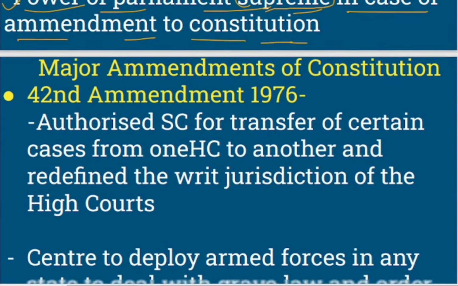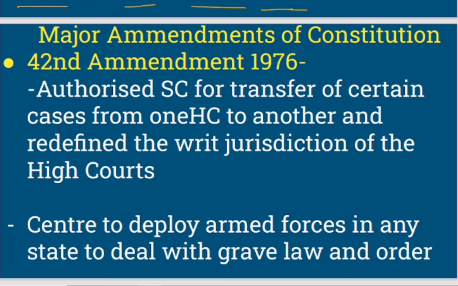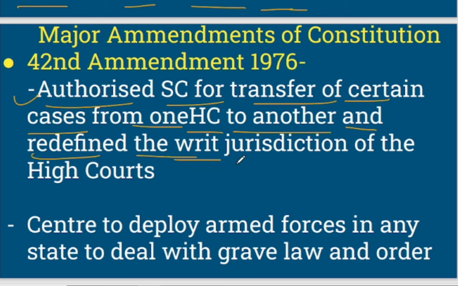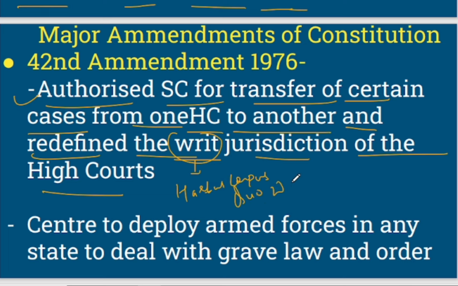Now let's move to the next slide. This point says that this amendment authorized the Supreme Court to transfer certain cases from one high court to another and redefined the writ jurisdiction of the high court. Needless to explain, writ jurisdiction, we know habeas corpus, quo warranto, and others.